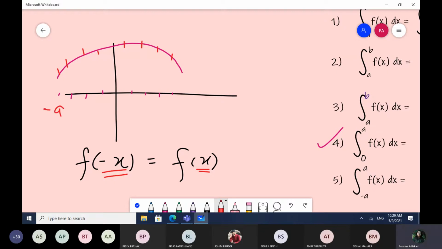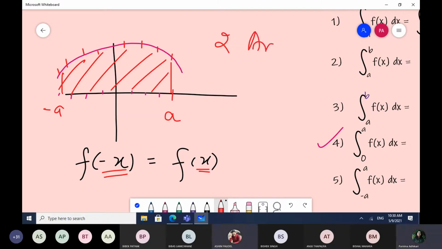So let's say that this is minus a and this is plus a, and you have to find the area from minus a to a. Don't you think your total area from minus a to a will be equal to 2 times the area from 0 to a? Yeah, it will be.